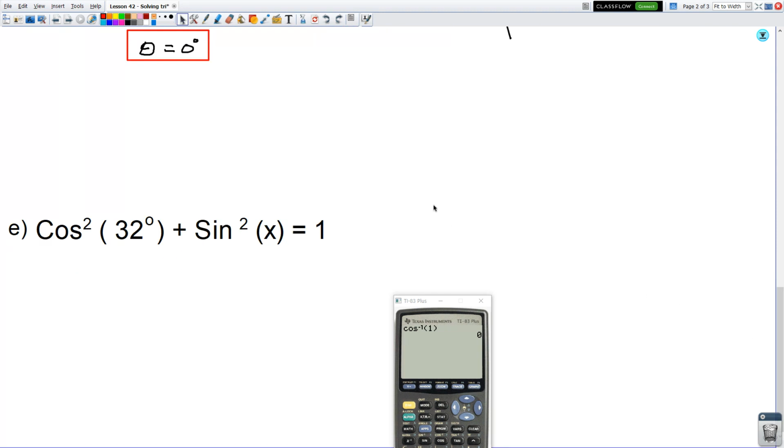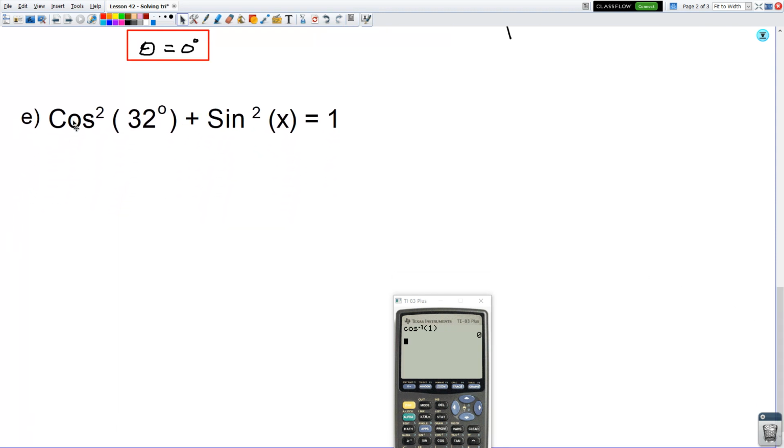Now, let's take a look at our last problem here. And notice that this problem looks a little bit difficult, but it's fine. There are different ways to approach this problem. One way that I suggest is to just rewrite the function.